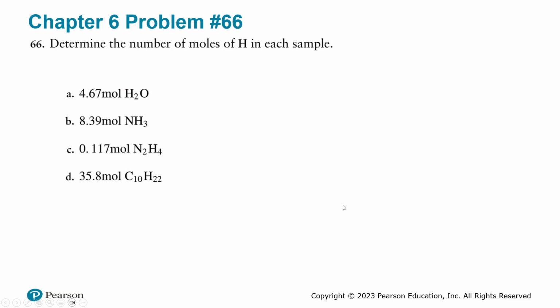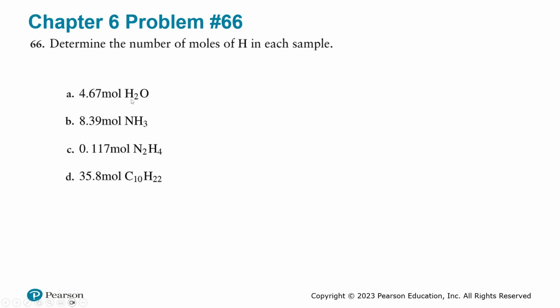So the next thing we can do is kind of the same thing, but now we're going to determine from moles of a given species to moles of the atoms in that species. So in 4.67 moles of water, there are more than 4.67 moles of hydrogen because for each molecule, there's 2 hydrogens.